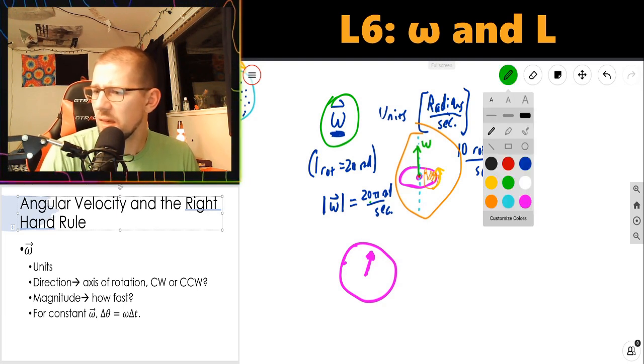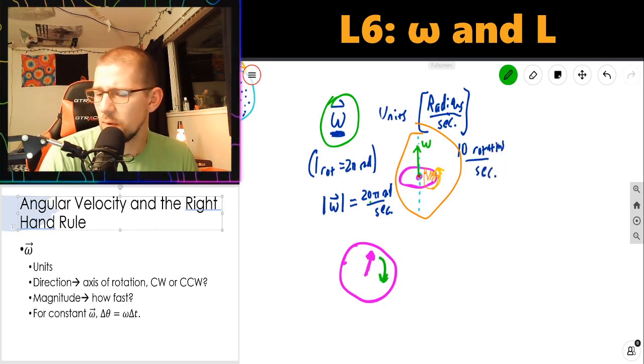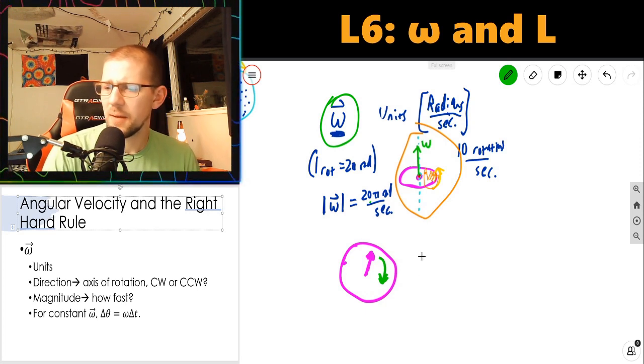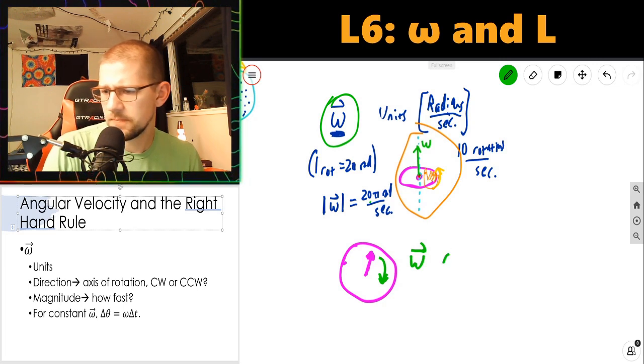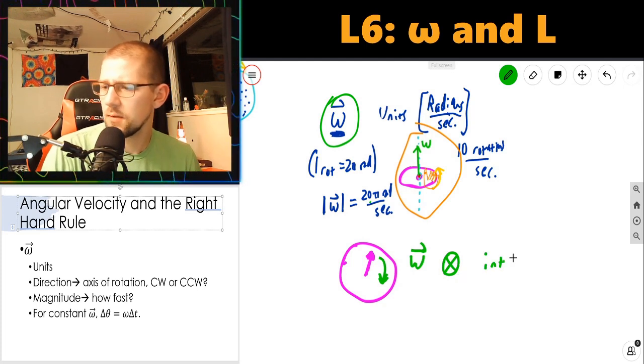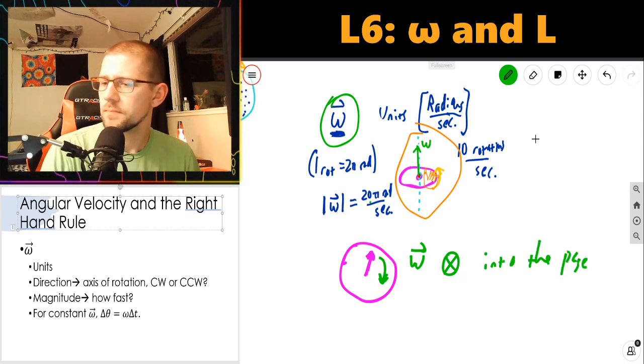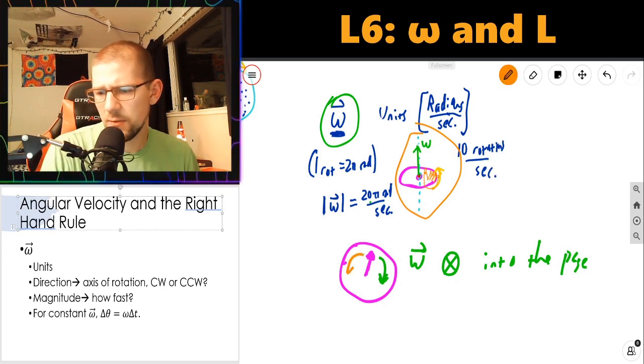If the hand is moving clockwise, the way it normally does, to the right from the up position, then down and around like this, then I say that my angular velocity, omega, is pointing into the page. Into the page. So x means into the page. If it's rotating counterclockwise viewed from above, CCW, then omega is pointing out of the page.